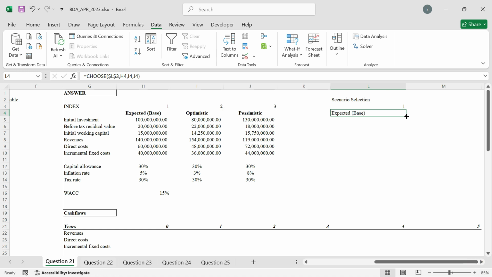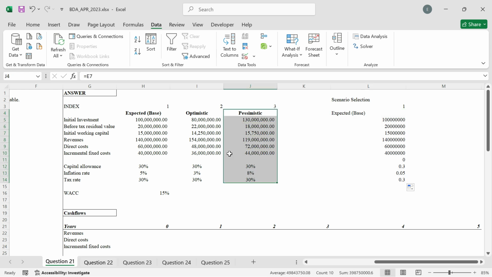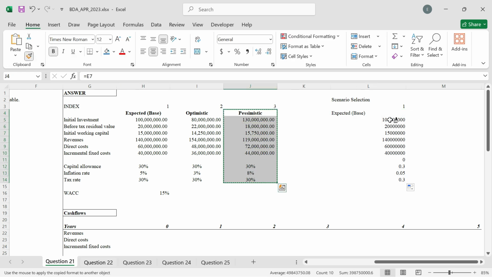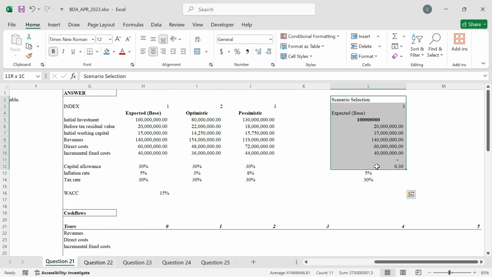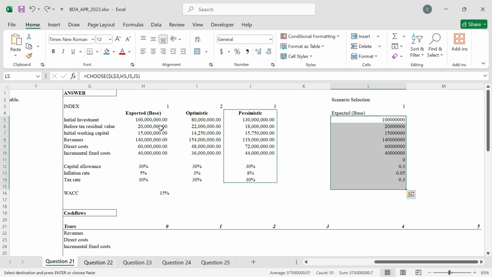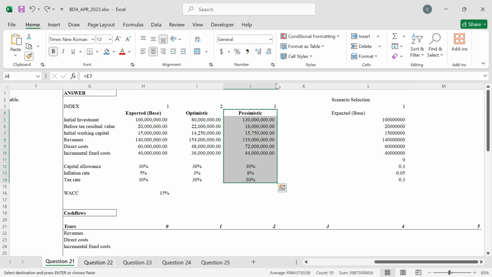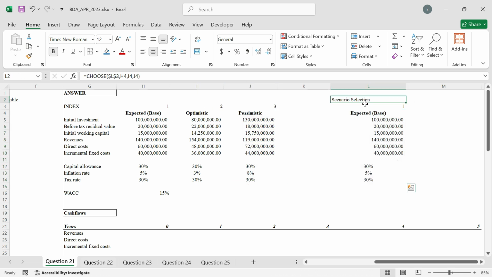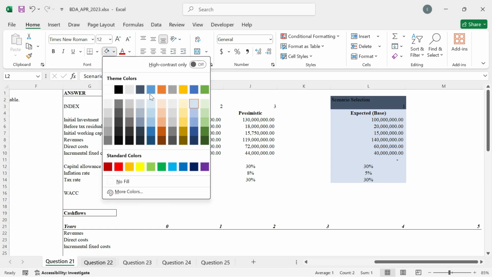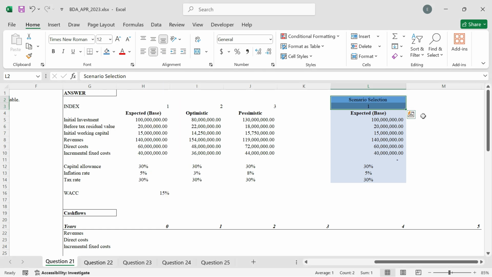Then I can copy this downwards and make sure they're properly formatted and give them just a bit of extra formatting to make sure that they stand out. So now when we change our scenario from 1 to 2, you notice our values also change.